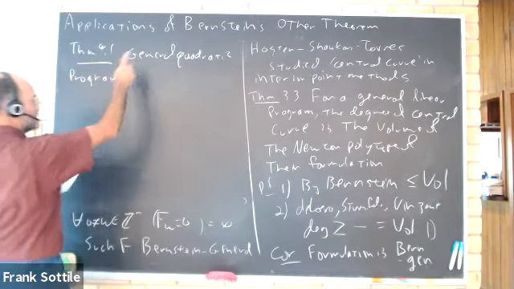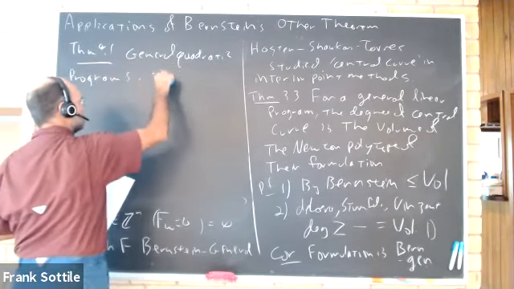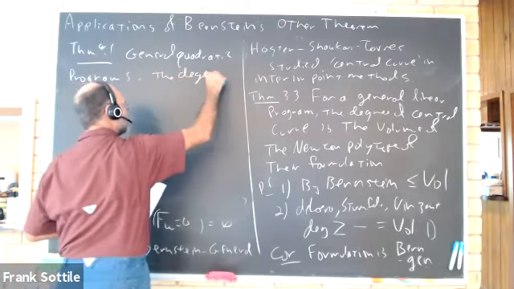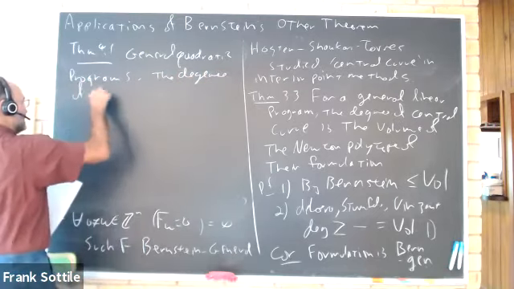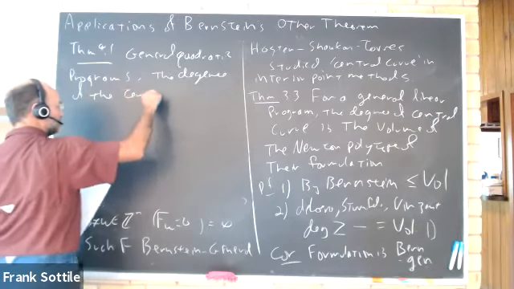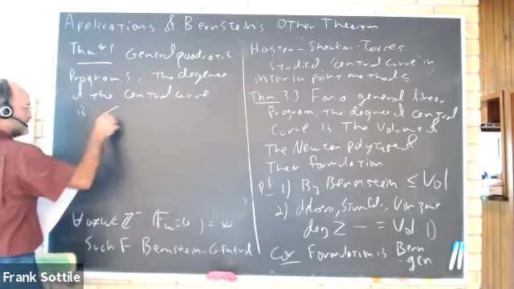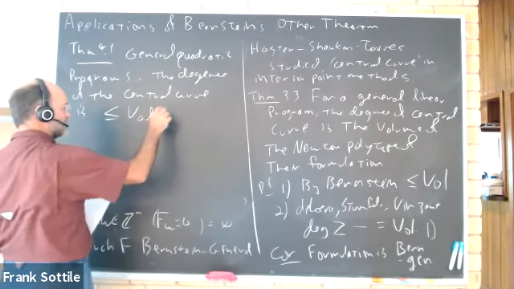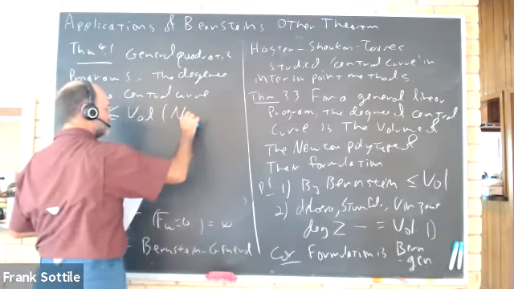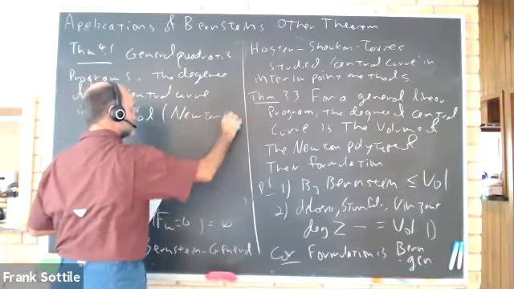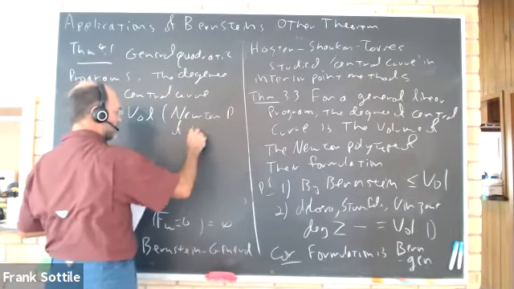For general quadratic programs, the degree of the central curve is less than or equal to the volume of the Newton polytope of a formulation that they give.